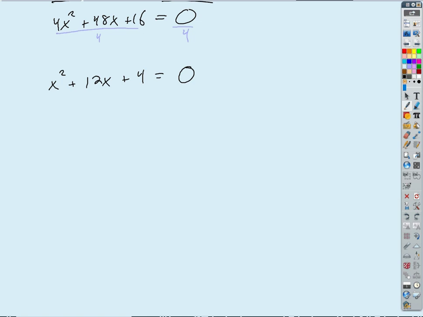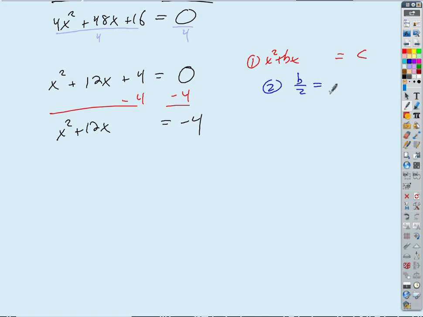Okay, so step number 1. Subtract 4. Because I've got to get x squared plus bx equals c, right? So there's our x squared plus 12x equals negative 4. Okay, what's step 2?